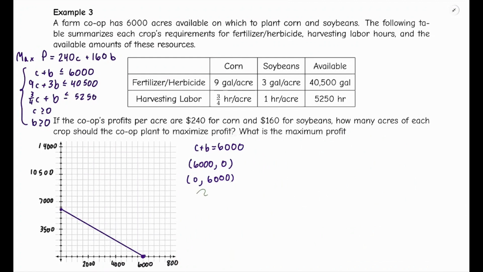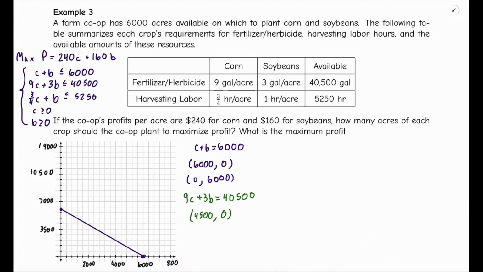Next we have 9C plus 3B is equal to 40,500. If I cover up B, I need to divide by 9. So 40,500 divided by 9, I'm getting C is 4,500. So we get 4,500, 0. Then if I cover up C, I need to divide by 3.